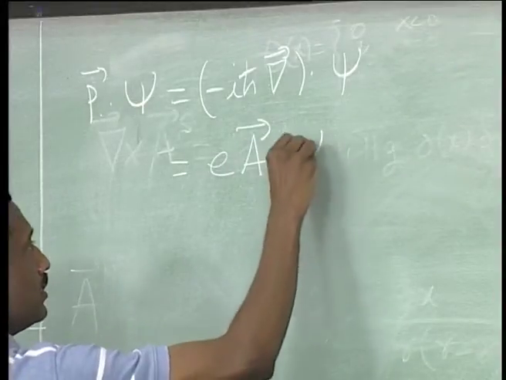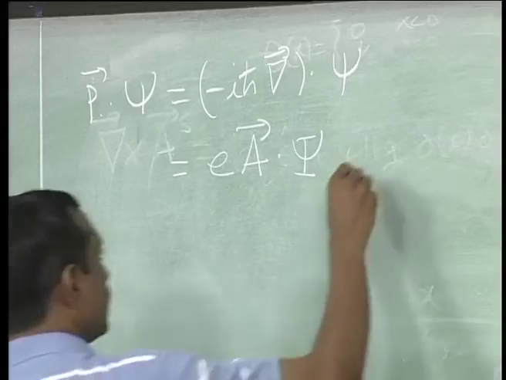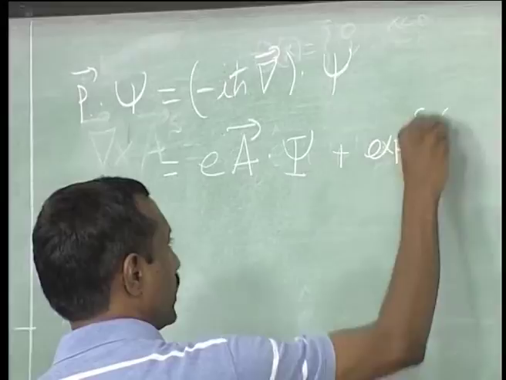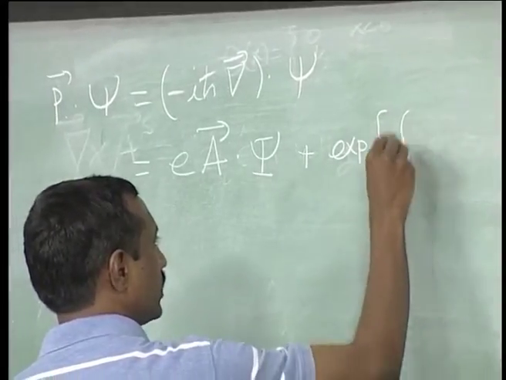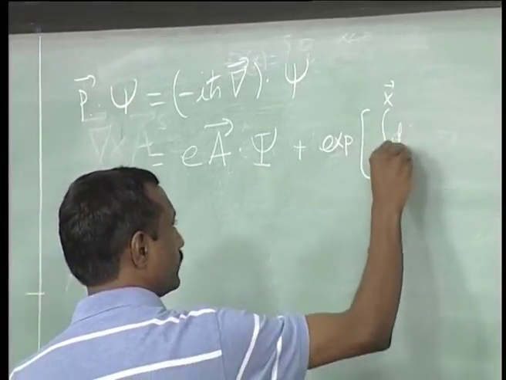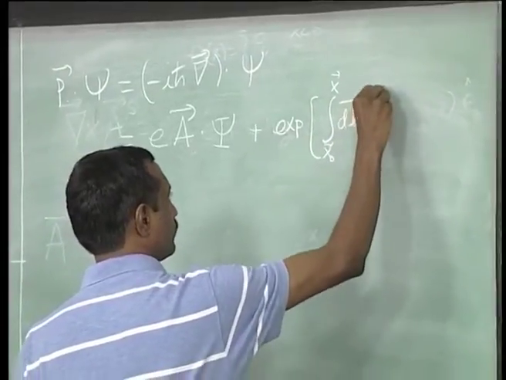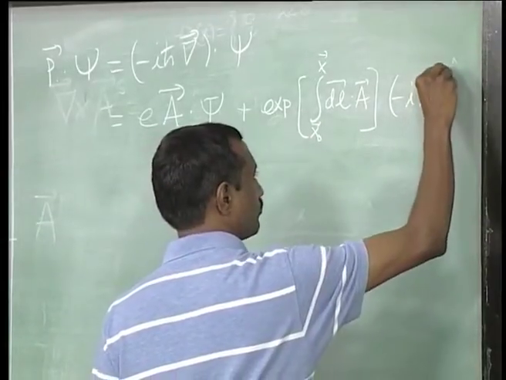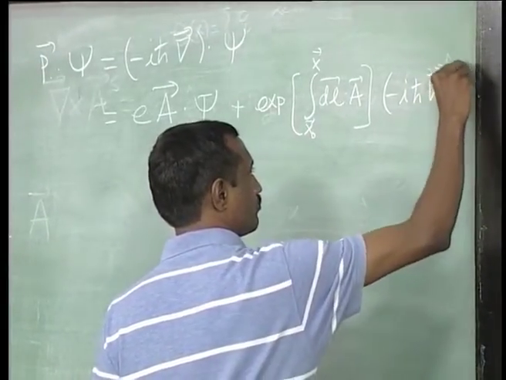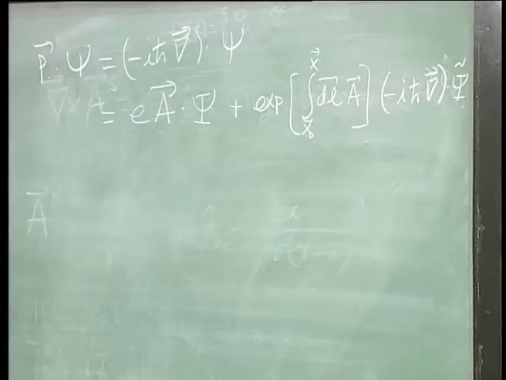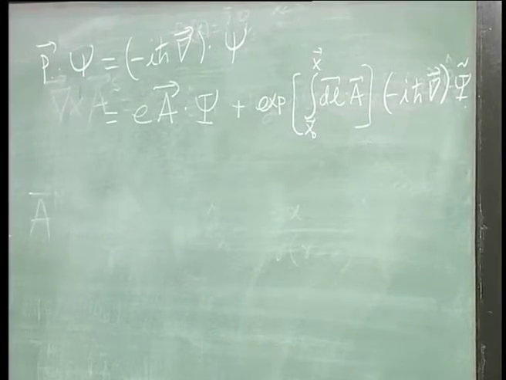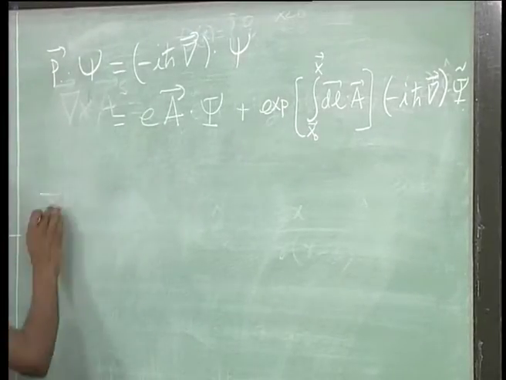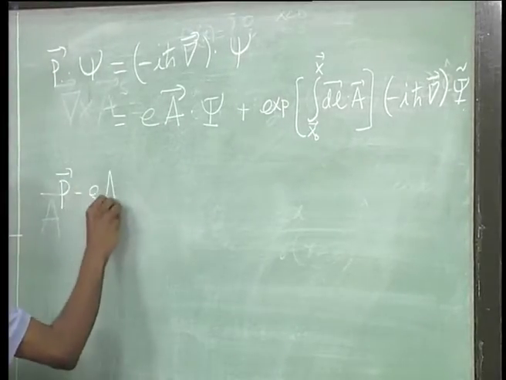times psi, and then there will be a part which would be plus exponential of that line integral from some reference point x naught to x. Okay, so what this tells you is that I can rewrite this now as p minus eA.